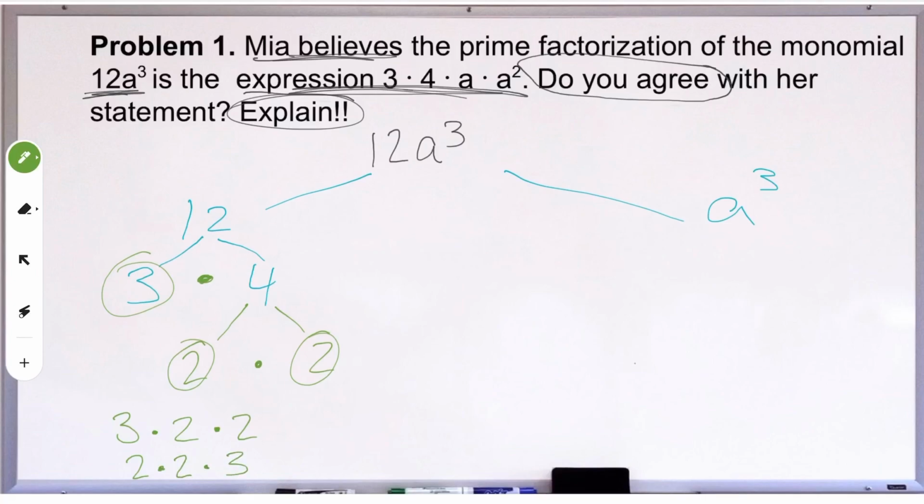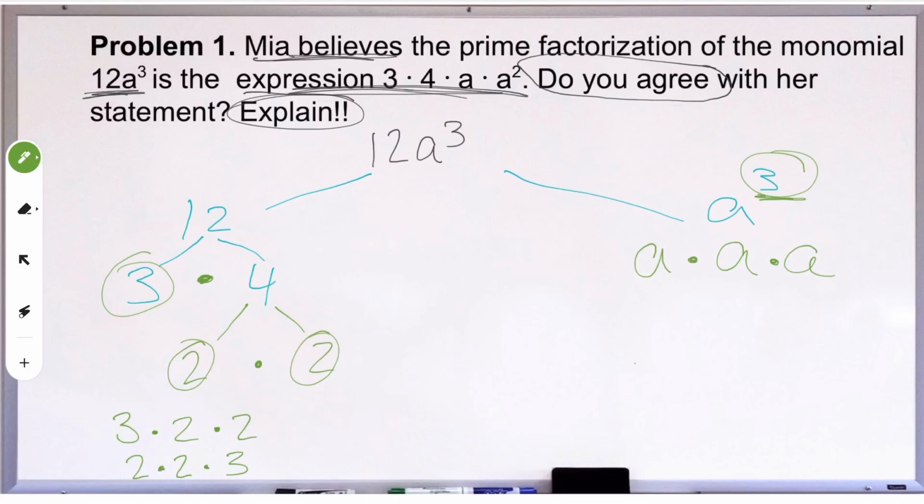And when it comes to factoring variables, it is simple. All you have to do is look at its exponent. I see that it has an exponent of 3, which means we're multiplying our base, which is a, 3 times together. So a cubed is equivalent to a times a times a.